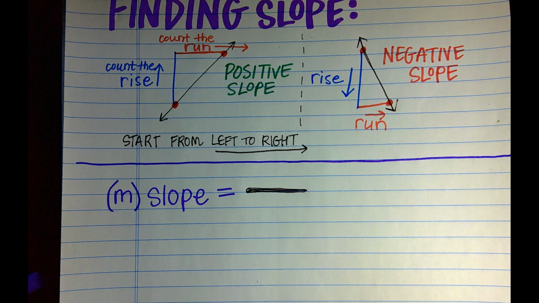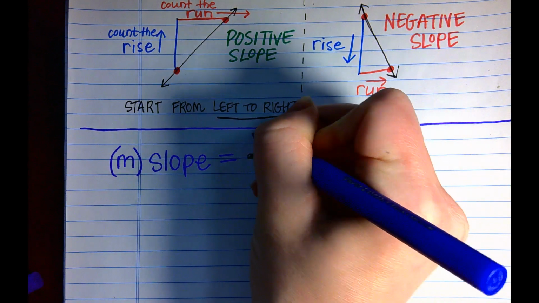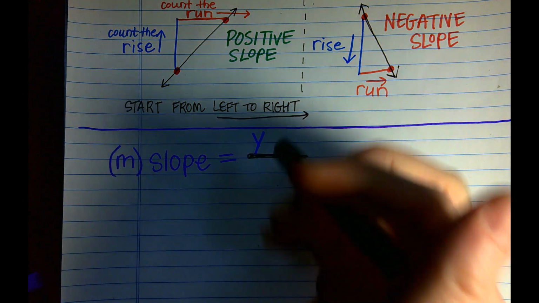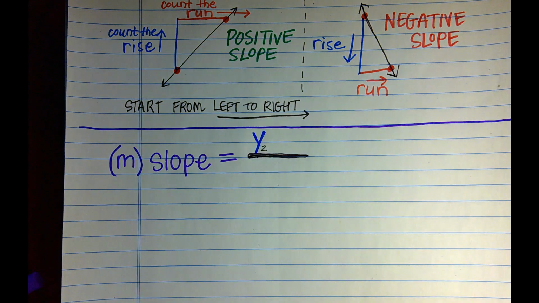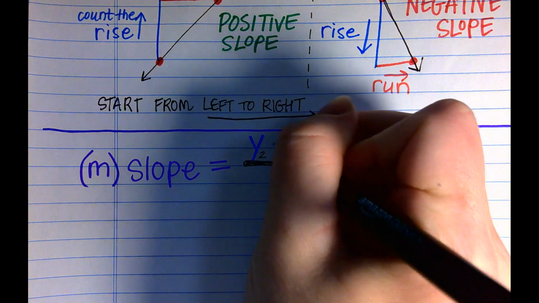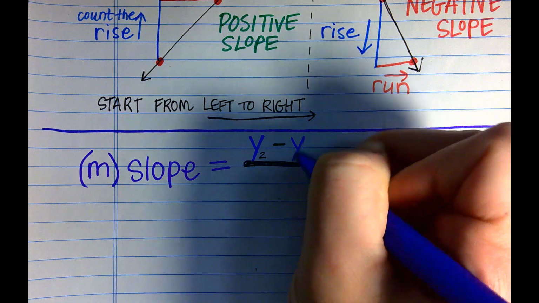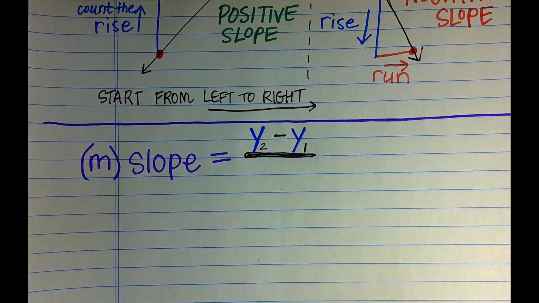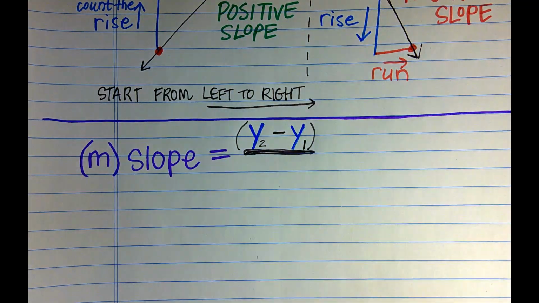And on top, I'm writing y2, a little 2 under the y right here, minus y1, and then I'm going to put my y's in parentheses.